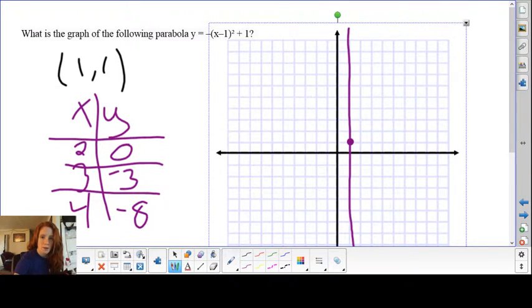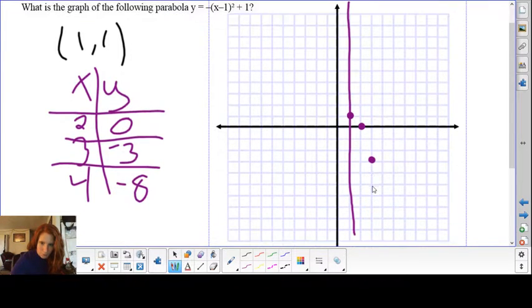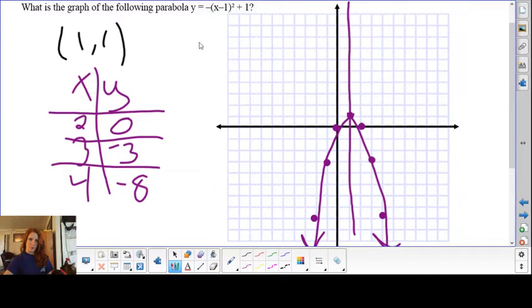Then I have 2, 0, 3, negative 3, and 4, negative 8. And then I flip all of those points, and I go ahead and connect my dots. So again, since that guy was negative, he got flipped upside down.